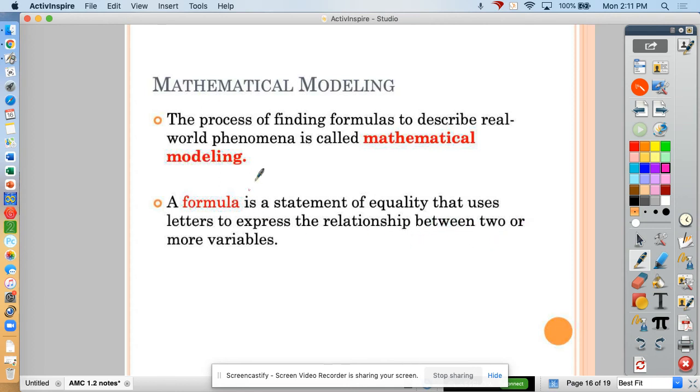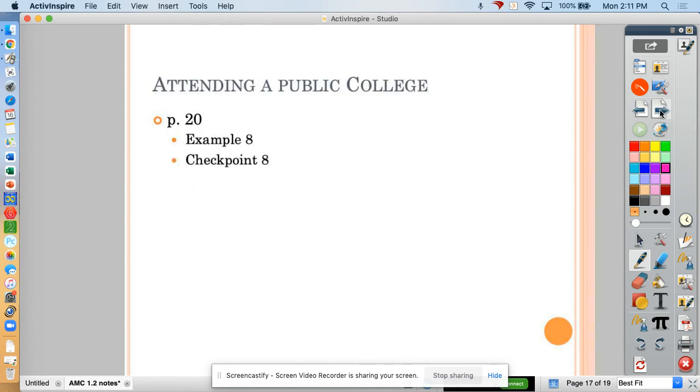That's a formula. If we change it over to mathematical modeling, we're going to change the y and the x to letters that represent the real-world items we're talking about. There's not really any difference between the two things, but when we say mathematical modeling, we are talking about real-life phenomena.